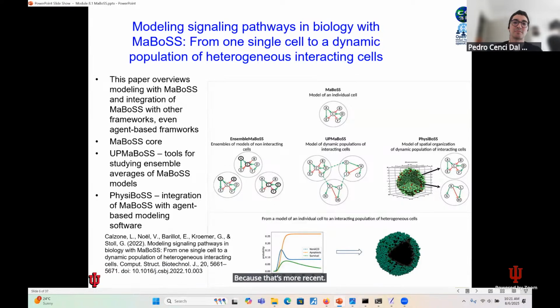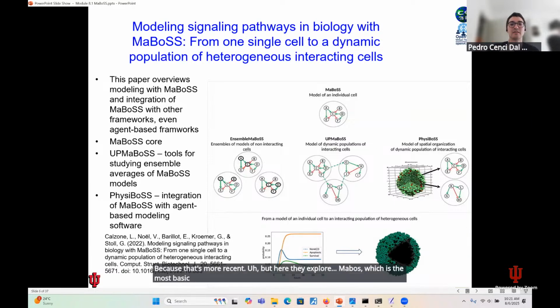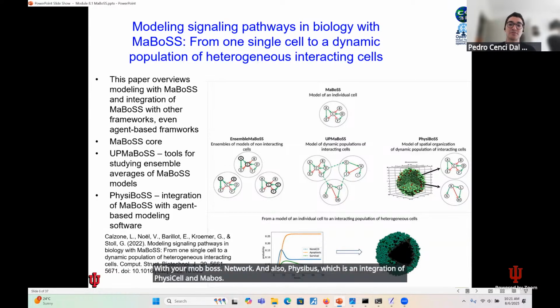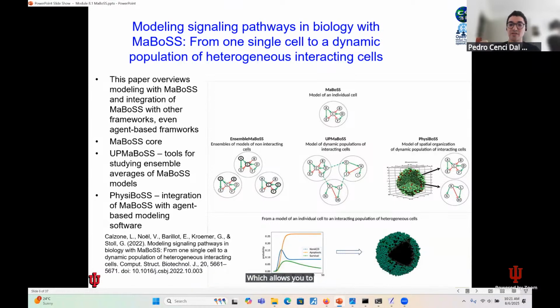But here they explore MaBoSS, which is the most basic, ensemble MaBoSS, and up MaBoSS, which allow you to do ensemble averages with your MaBoSS network. And also PhysiBoSS, which is an integration of PhysiCell and MaBoSS, which allows you to model agent-based systems where each agent incorporates a stochastic Boolean network.